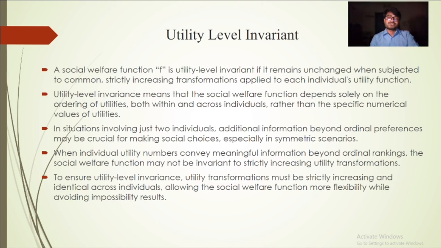However, in situations with two individuals, additional information beyond ordinal preferences may be crucial. If utility numbers convey more than just rankings, the function may not remain invariant. To maintain this invariance, transformations must be strictly increasing and uniform across individuals, offering flexibility while avoiding impossibility outcomes.